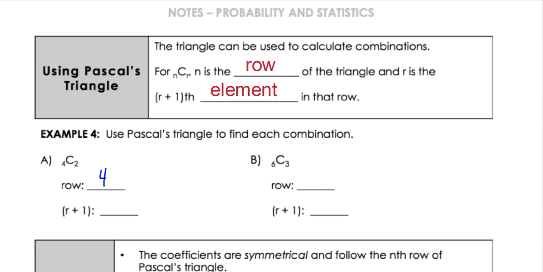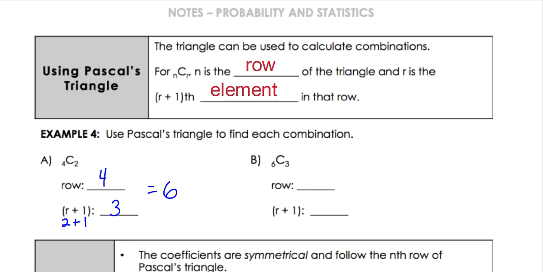So we were choosing 2 items out of 4, so I'm going to go to the 3rd item in that row. So remember, that is because we were choosing 2 out of 4, we go one further than that. So if we go back to our triangle and look, in the 4th row, the 3rd number over is 6. So there are 6 ways to choose 2 items from a total of 4.